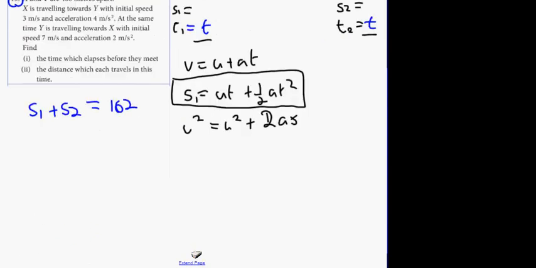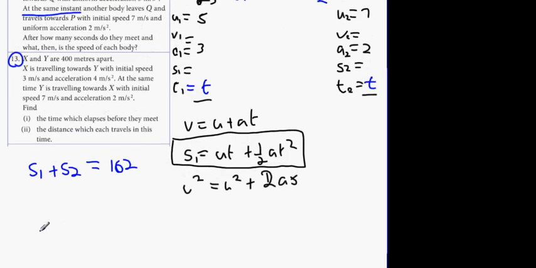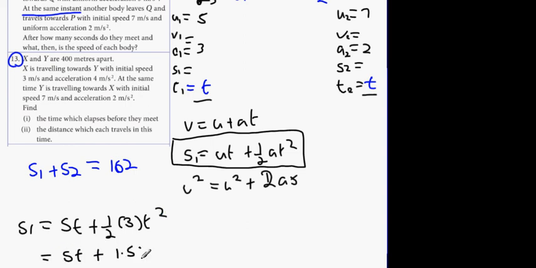Okay. So what we have here is S1 equals 5t plus a half times 3 times t squared. S1 therefore is 5t plus 1.5t squared.